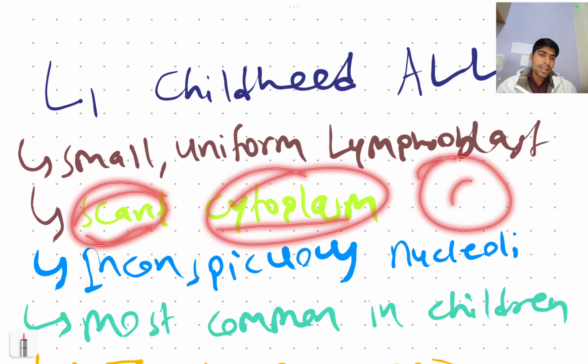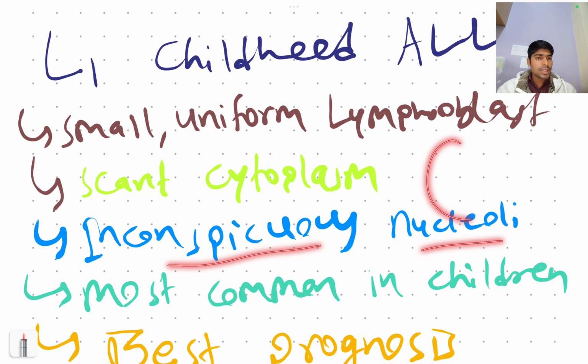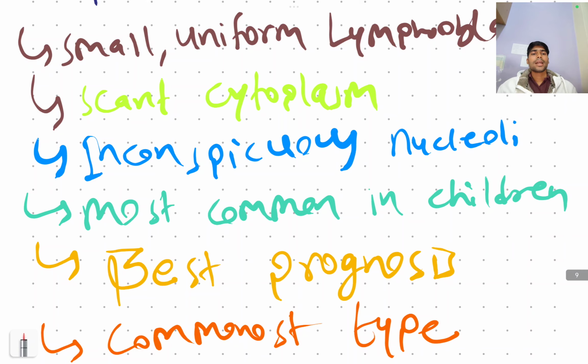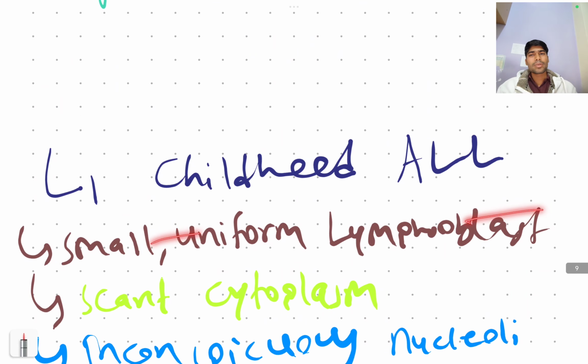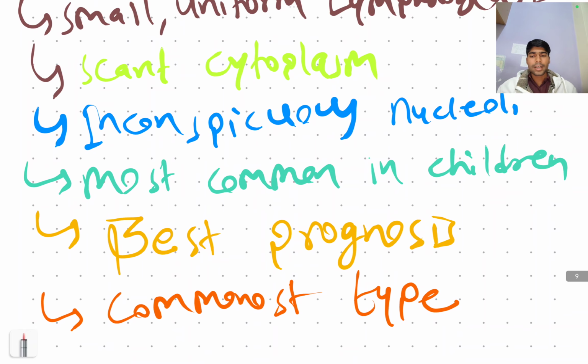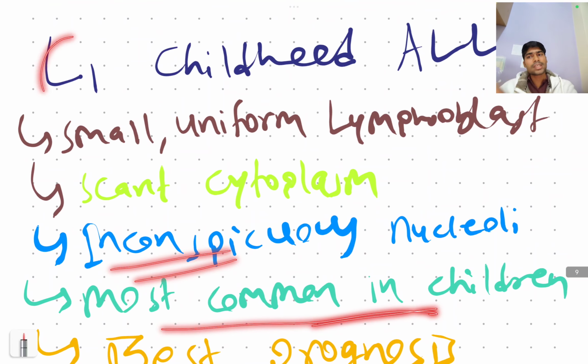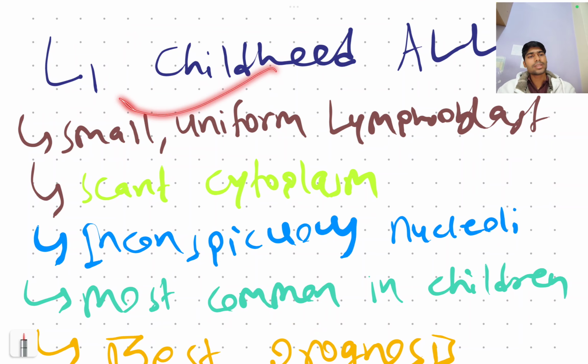Means if you see the cell, maximum content will be filled by the nucleus, and there will be inconspicuous nucleoli, very small. And it is most common in children. By name also you can know, childhood ALL. So it is most common in children, and it has best prognosis, and it is the commonest type.